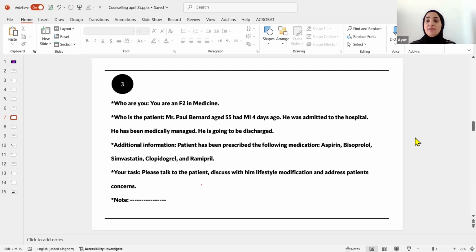Smoking is the main factor that contributes to such heart problems. So I highly advise you to quit smoking, as you are smoking a considerable amount that needs to be stopped. So how do you feel about this? Okay, no worries. I can consider that.